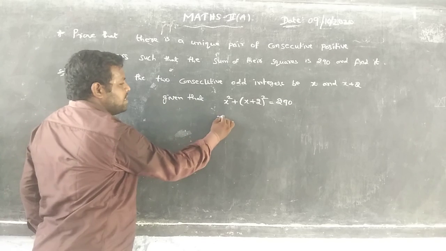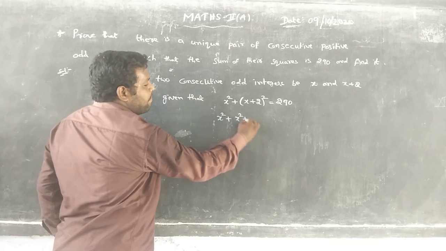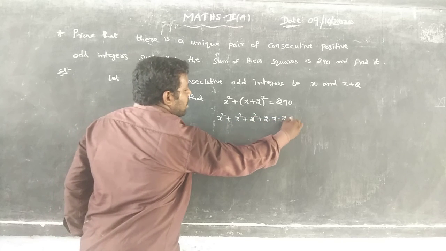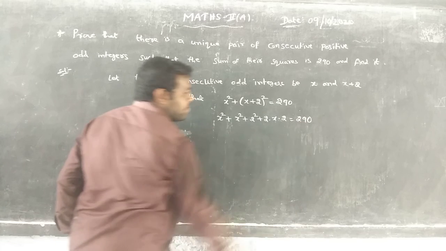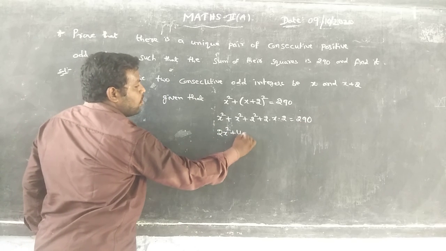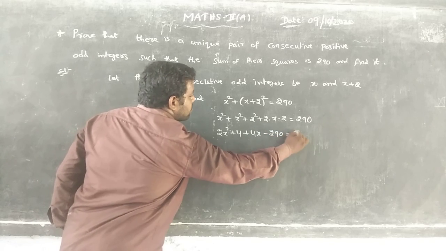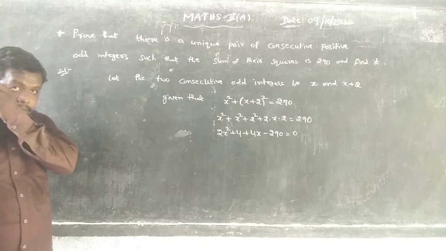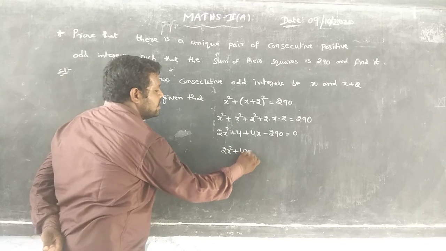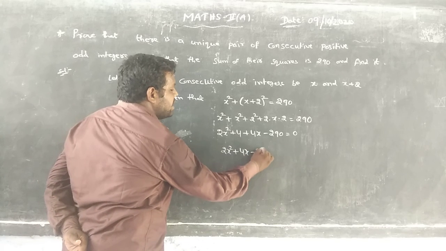Applying (a plus b) whole square equals a square plus b square plus 2ab, x square plus x square is 2x square plus 4 plus 4x, minus 290 equal to 0. 2x square plus 4x, 4 minus 290 is minus 286.